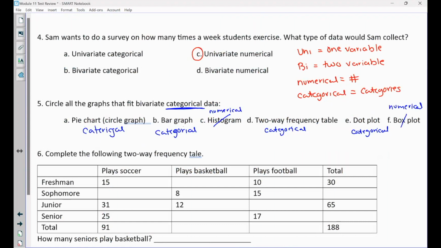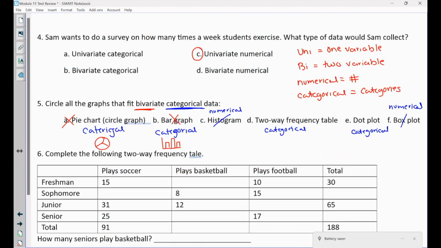Alright, so now we want to know which one would be bivariate. A circle graph would look something like this, and it would only have one category. It would only be measuring one thing, because your pie counts for 100%, so you can only have one thing fit in each category. So I know it's not a pie chart. A bar graph looks something like this, and again, it's only measuring one thing, for example, the grades that students get. So it's not going to be a bar graph.